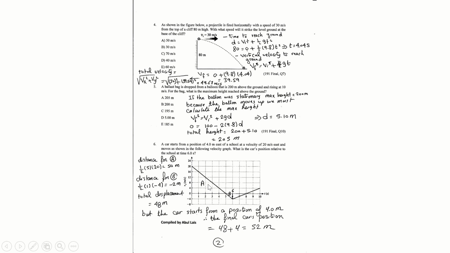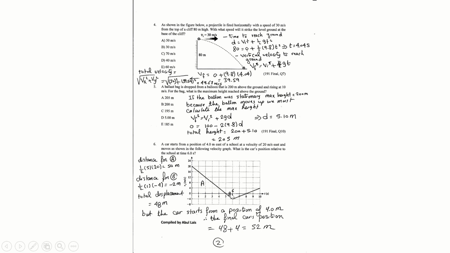Now I need to find the first area, which is 5 times 20. Don't forget this is a triangle, so it must be half base times the height. So it's a half times 5 times 20, that would be 50 meters squared, which is the distance. Of course, this is the area, but the distance covered will be 50 meters.